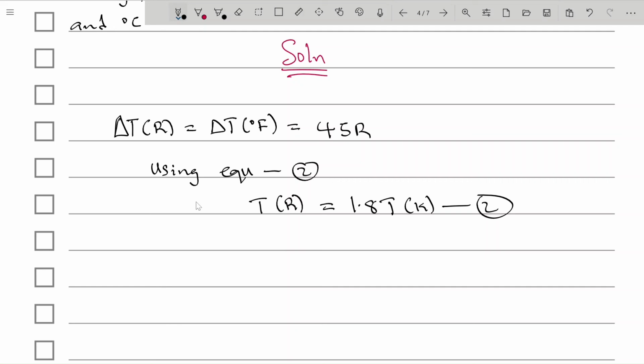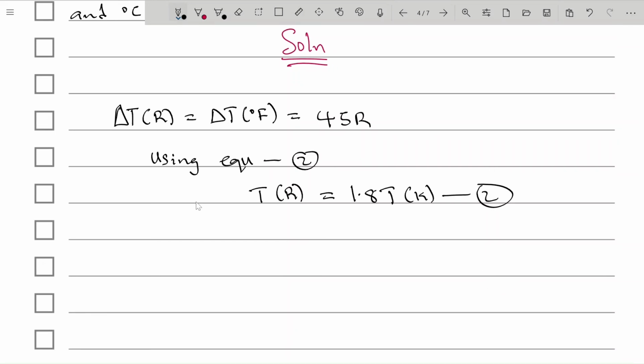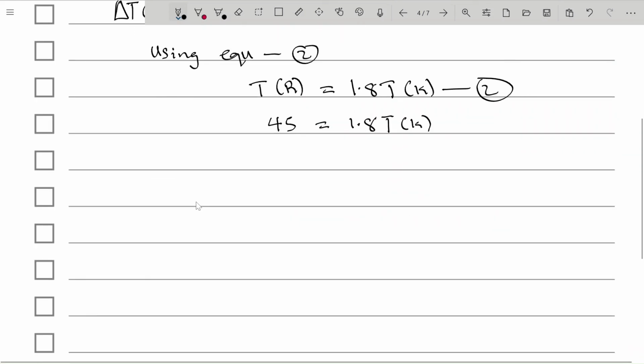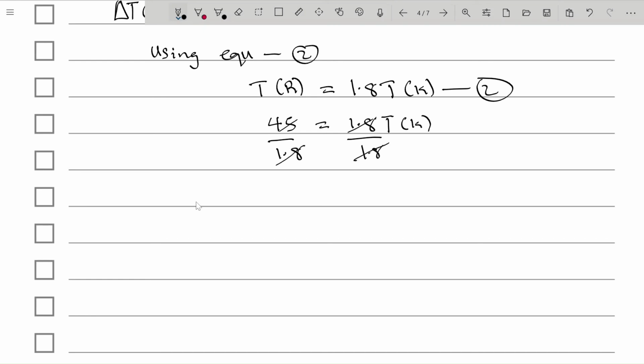We already have our temperature in Rankine to be 45, which is equal to 1.8 times temperature in Kelvin, divided through by 1.8. Therefore, temperature in Kelvin is equal to 25 Kelvin.